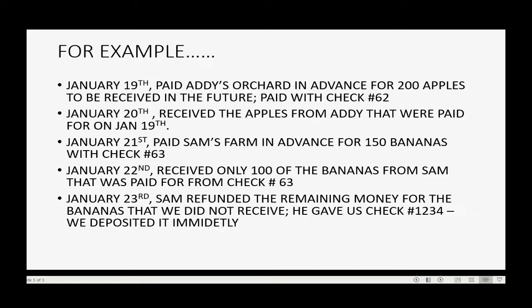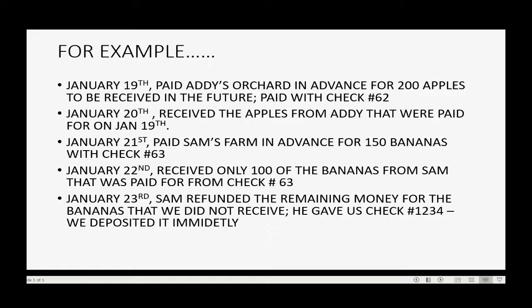Well, in this case, we'll know the money amount because it'll be written on the check, and we will know the reason. But I happen to know that 50 bananas at $20 each means he returned $1,000 to us, and that we deposited that $1,000 check on January 23rd.